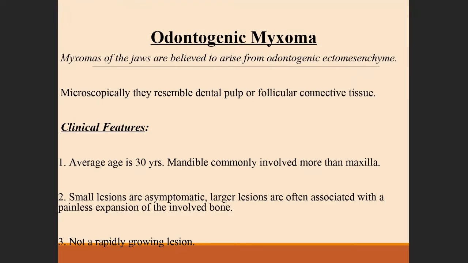When it is seen in the maxilla, it might invade the maxillary antrum. This tumor is locally invasive. It is a benign neoplasm, but it is infiltrative. Other than the tooth bearing areas, myxomas are also reported in the condylar region.